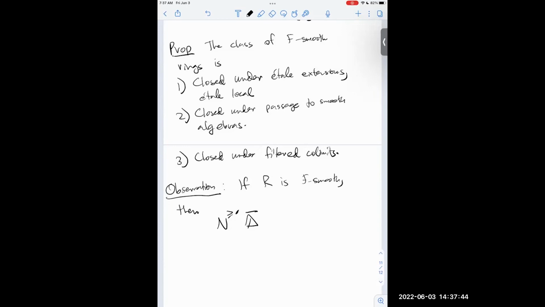We discussed this a bit in the article. If you consider the Nygaard filtration on the Hodge-Tate complex and reduce it mod p, then this is somehow uniformly pro-0. F smoothness says that this has to converge to 0, the completeness of the Nygaard filtration. But actually, if that's true, it's going to be uniformly pro-0, and uniformly means independent of the choice of F smooth ring.